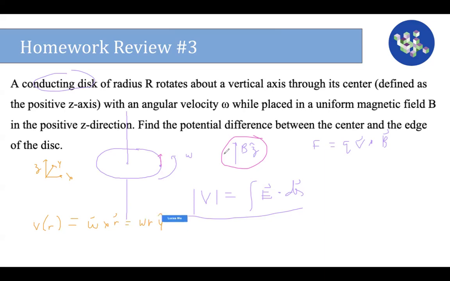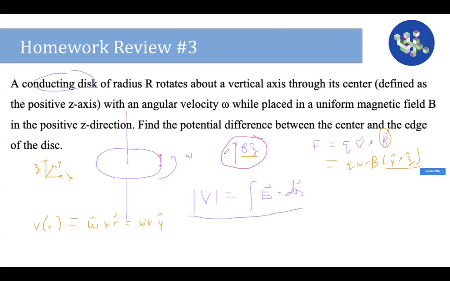And so if we do the magnetic force, this would equal q, and your velocity would be omega r, and then the B vector, we can write as the magnitude of the magnetic field times the unit vector in the z direction. So we can write q omega r B, and then we do the cross product, y cap crossed with z cap.